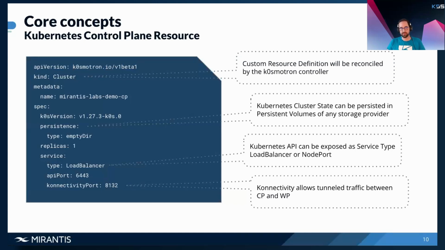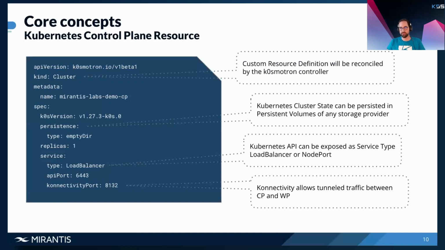We can have replicas. In this case, we just have one, but of course, you can create a highly available control plane too, with, let's say, 3 replicas, like 3 nodes for the Kubernetes control plane.